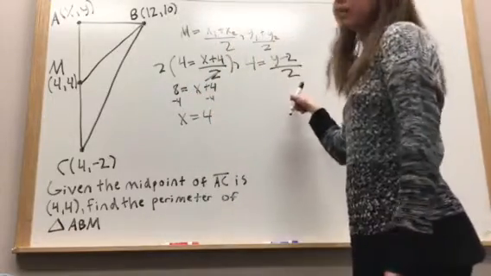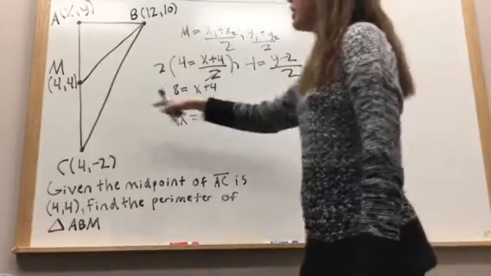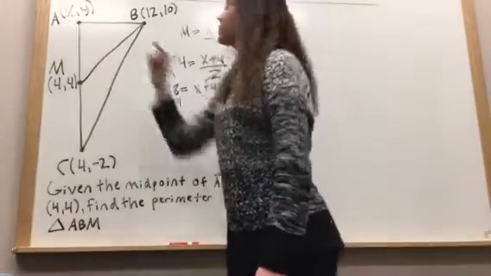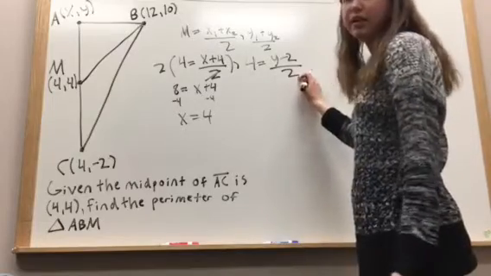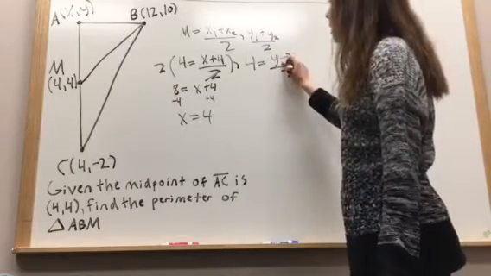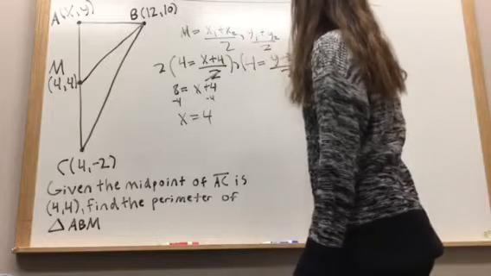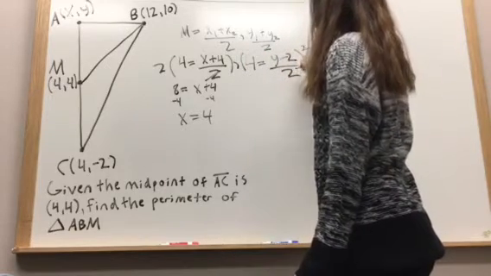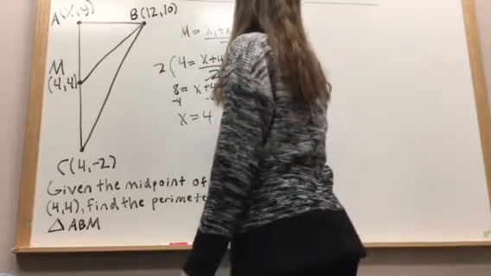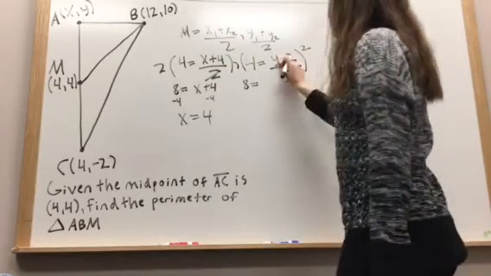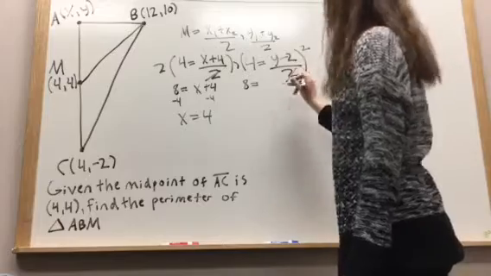Moving on to my y coordinate, I just found the x coordinate of my A point. I'm going to find the y now. I'm going to do the same thing here. I have a 2 in the denominator. I want to get rid of that so I can isolate my y, so I'm going to multiply this entire thing by 2. That cancels. 4 times 2 gets me 8. Now I'm left with y minus 2 because this 2 canceled.